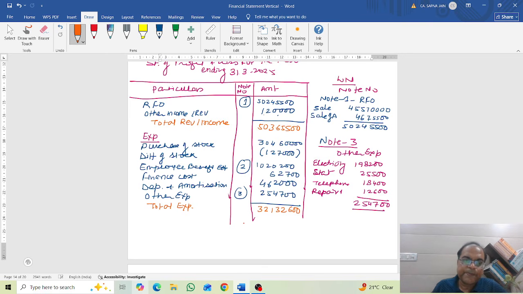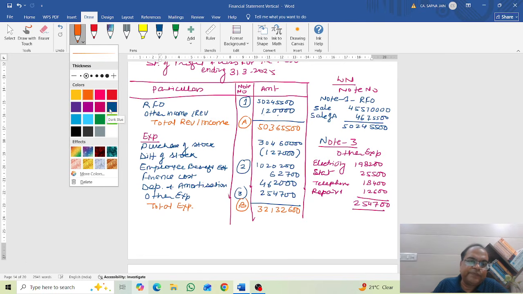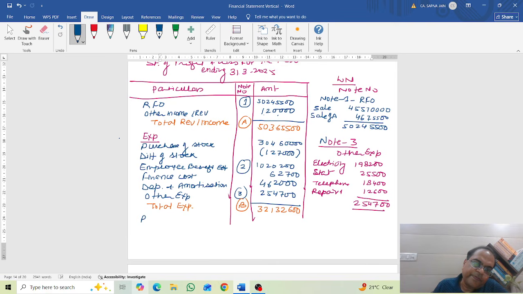Clear? This is called B and this is called A. So A minus B, this is called profit before tax. Because no extraordinary and exceptional item is given in the question, so leave it.